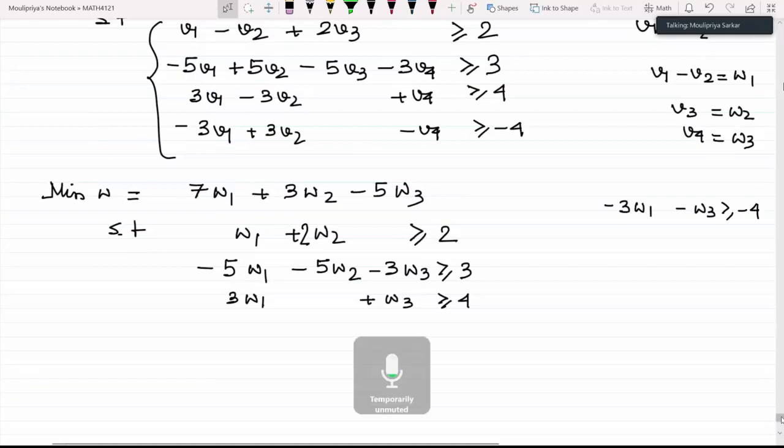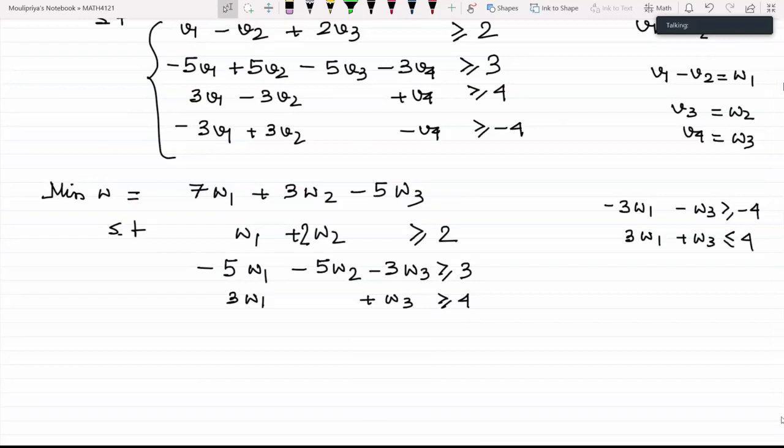Right? This implies 3w1 plus w3 less or equal to 4. So can I club these two together and write it as 3w1 plus w3 equal to 4? Correct. So can I make the change in this part itself?